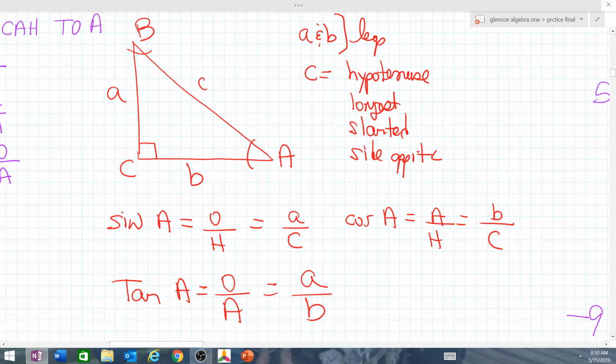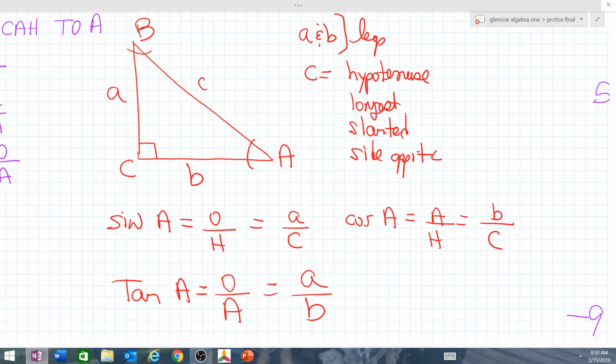So let's look at the questions on 72 and 73. 72 says, if you know the measure of both legs, which trigonometric ratio would you use? Well, it has nothing to do with the hypotenuse, so that's the first context clue that I have. The next thing I know is that sine and cosine both deal with hypotenuse.